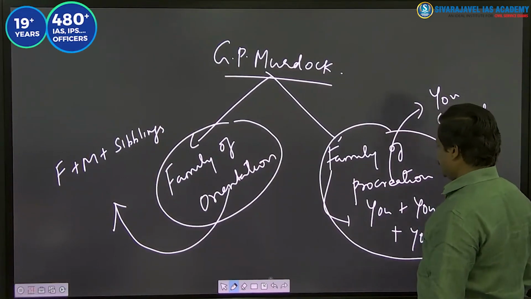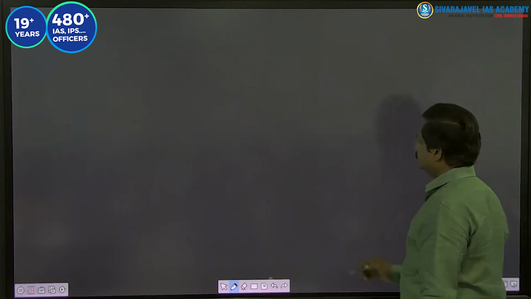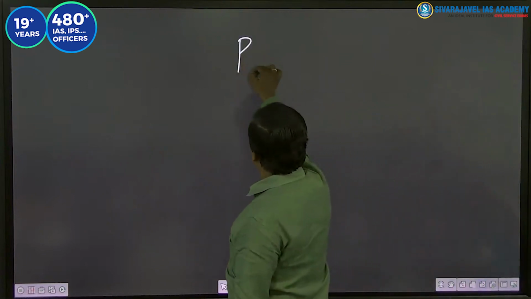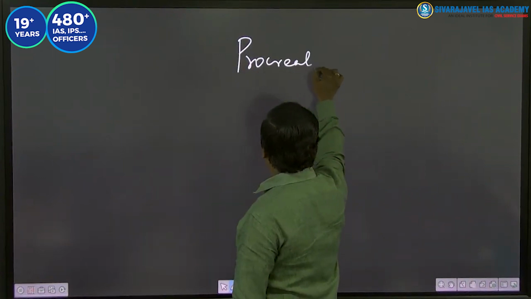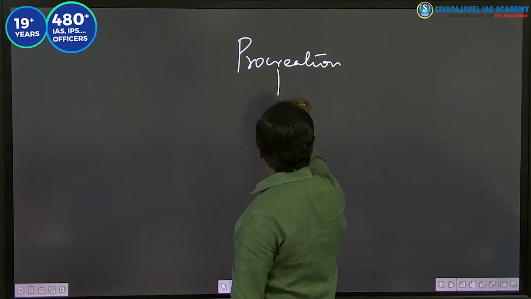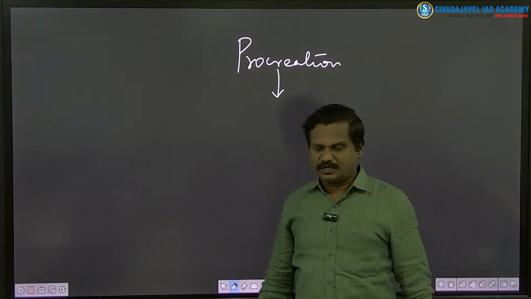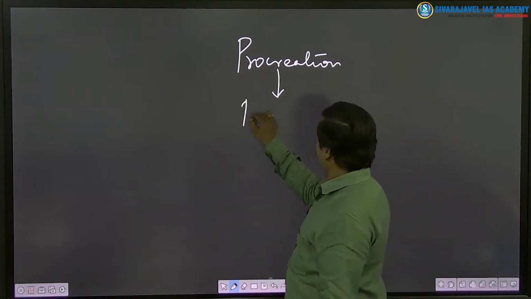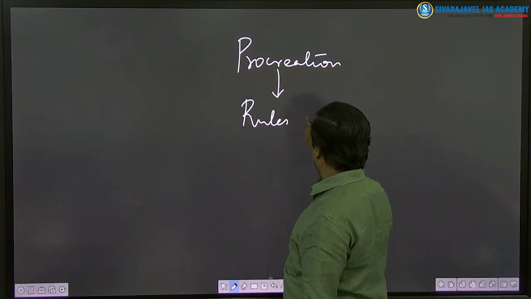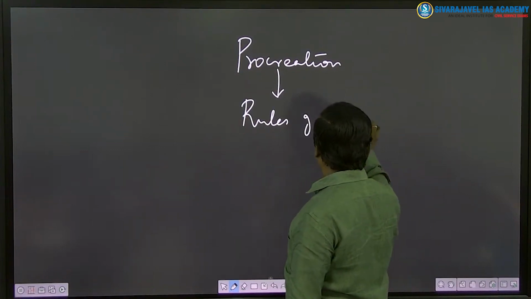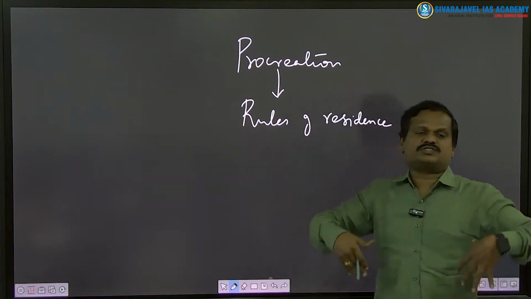For procreation, which means for producing children, rules of residence become important. Where should you stay?